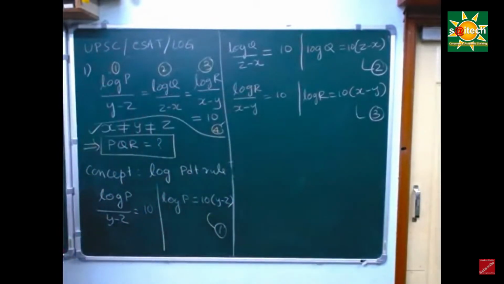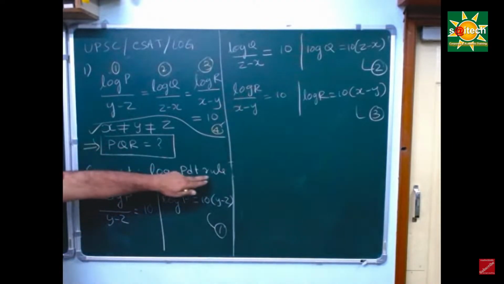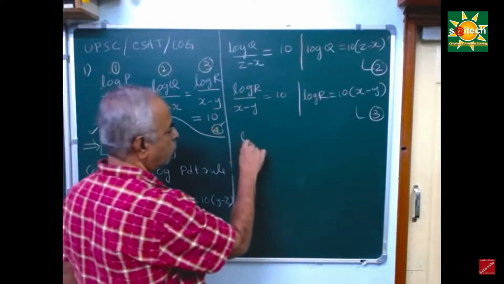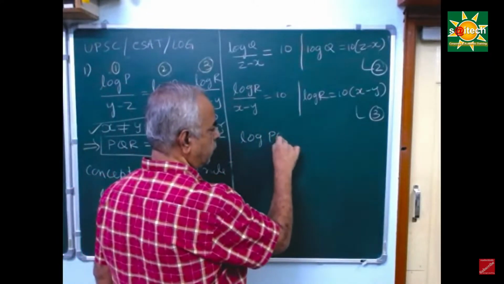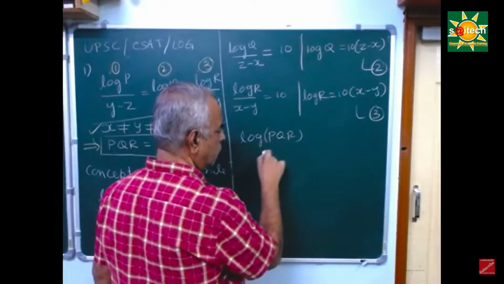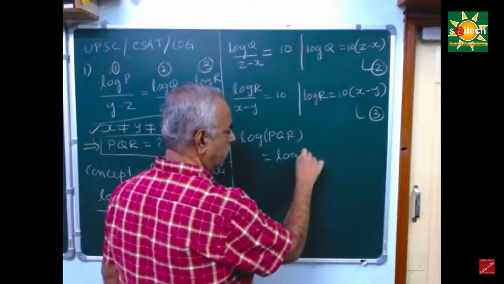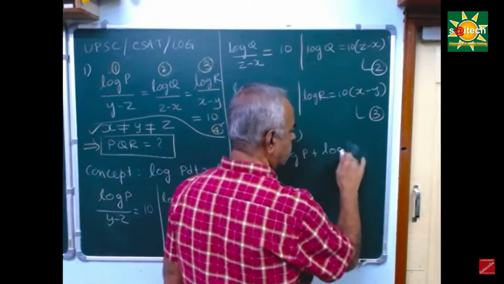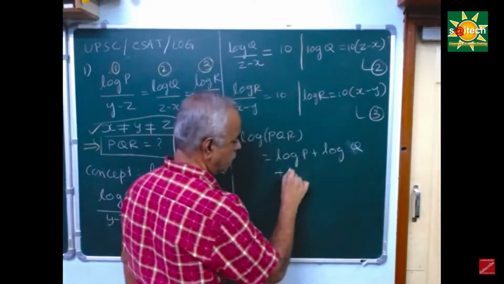Now what is asked here? PQR. When we apply the product rule, this is the product P into Q into R. So log PQR is equal to log of P plus log of Q plus log of R, is it not?